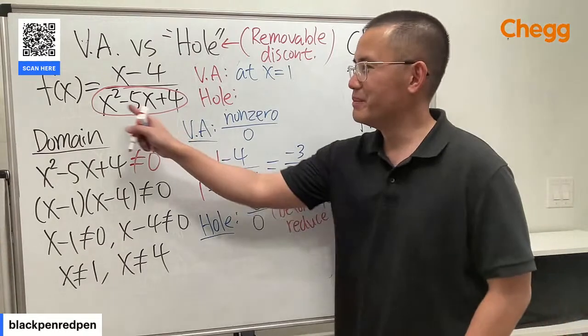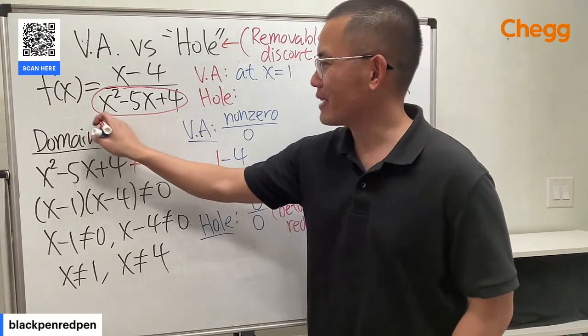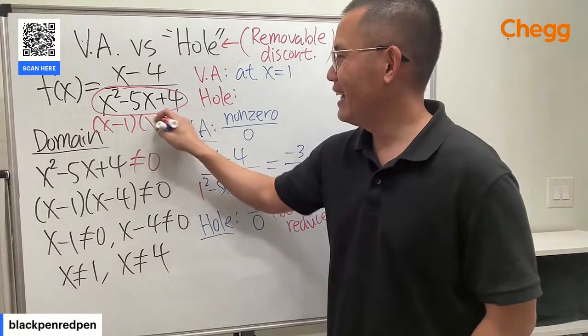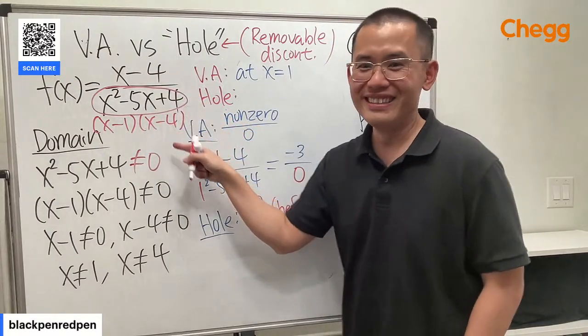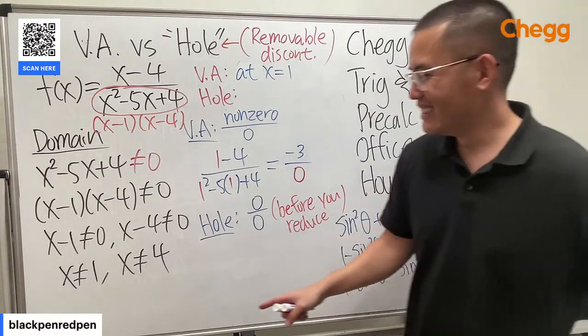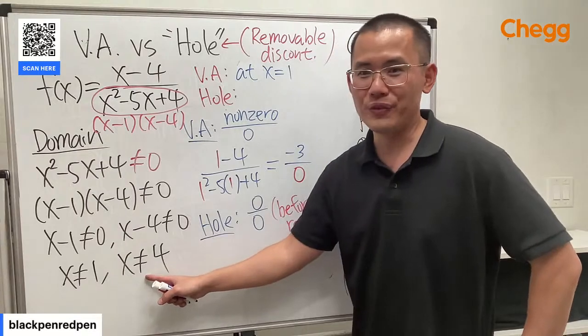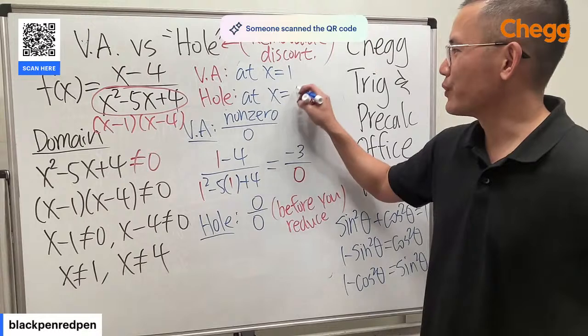Many of you might have noticed earlier that if you factor the bottom, you have x minus 1, x minus 4, and you could reduce out the x minus 4. That case is going to give you 0 over 0. So the hole is at x equal to 4.